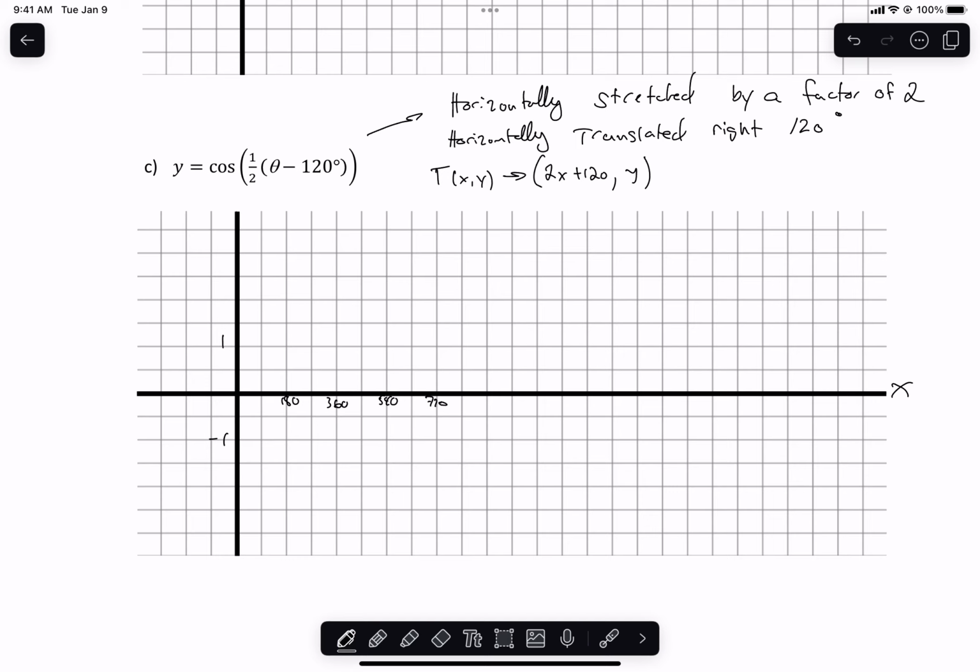Okay. So let's graph the original cosine. 2 cycles. Okay, that's y equals cos x.